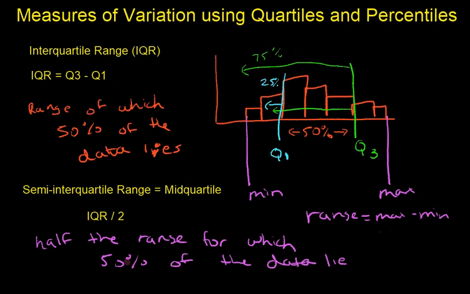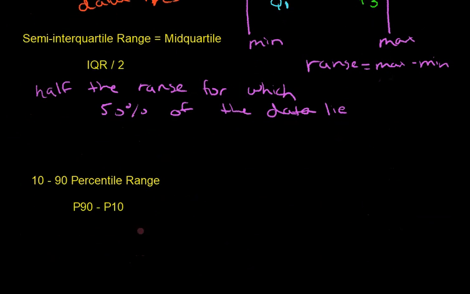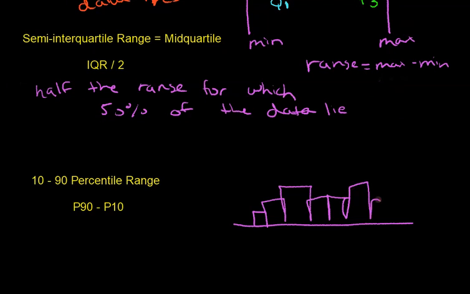Lastly, the last thing that we're going to go through is the 10-90 percentile range. If we were to draw this out on some sort of histogram, the 10-90 takes the 90th percentile, P90, and the 10th percentile.